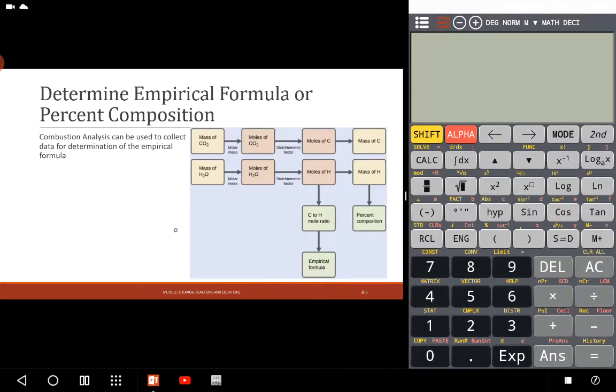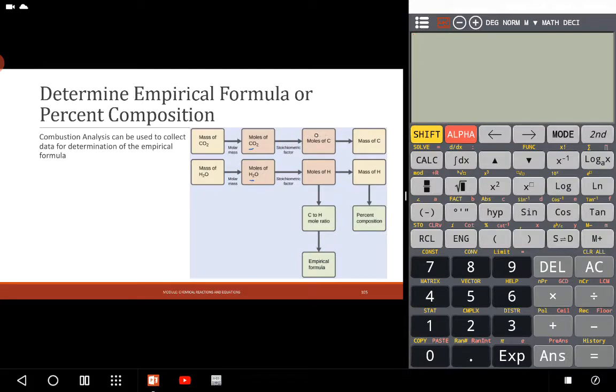So here's a general flow of how these calculations are going to go. We're going to start off with our mass of carbon dioxide and our mass of water, convert that into moles of carbon dioxide and moles of water. Then, based on the subscripts in the chemical formula, we will find our moles of carbon and moles of H. Once we know the molar ratio of all the elements within the sample, we can find the mole ratio, and then that gives us our empirical formula.